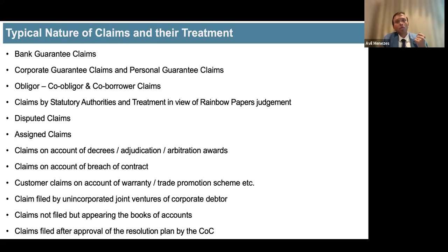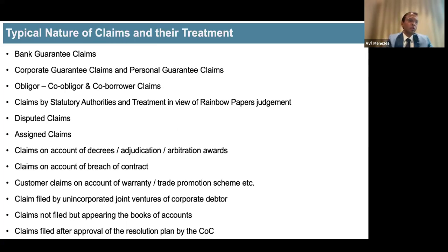Generally in mortgage loans and home loans, we've seen co-applicants and co-borrowers. Even in those cases, it assumes the nature of a financial debt because you are a co-borrower. That means your liability is coextensive. If he doesn't pay, you're bound to pay. That's the nature of the contract. So a co-obligor, co-borrower would also mean that it's a financial debt.